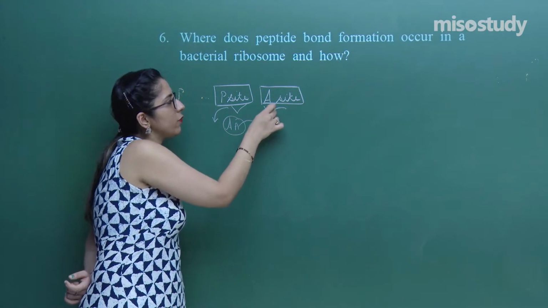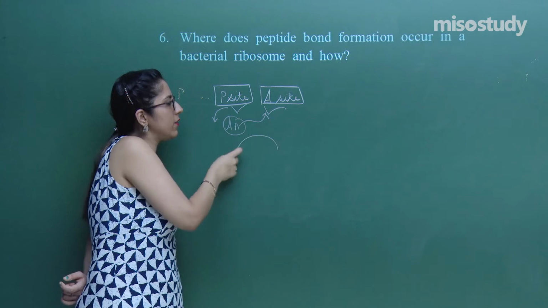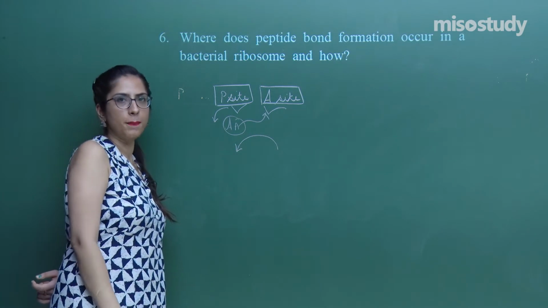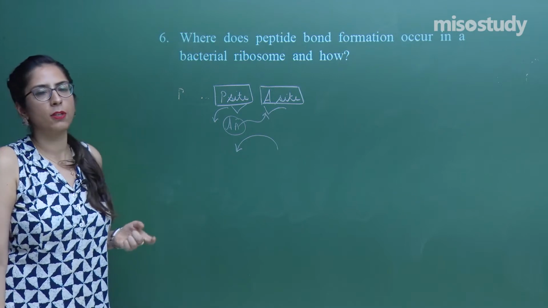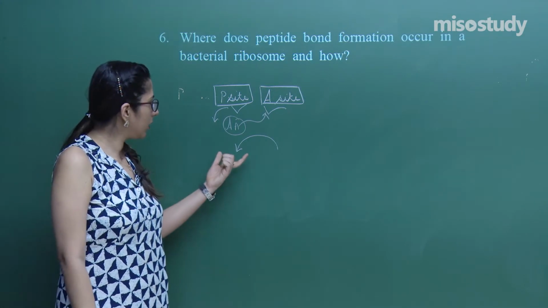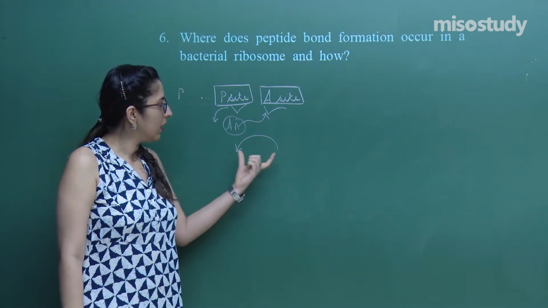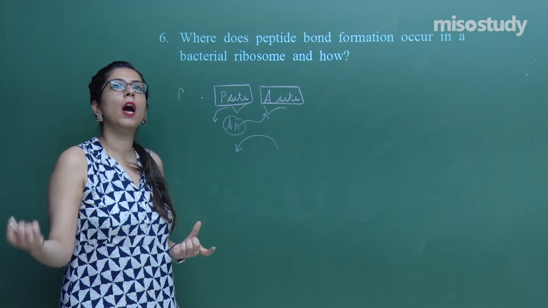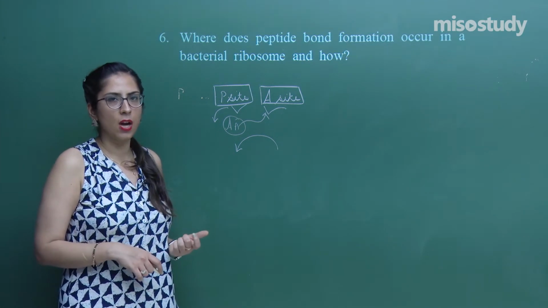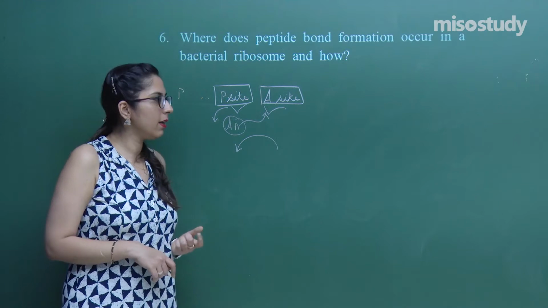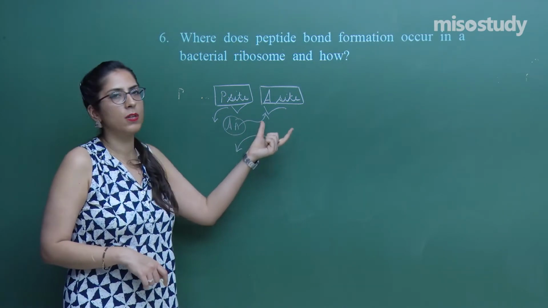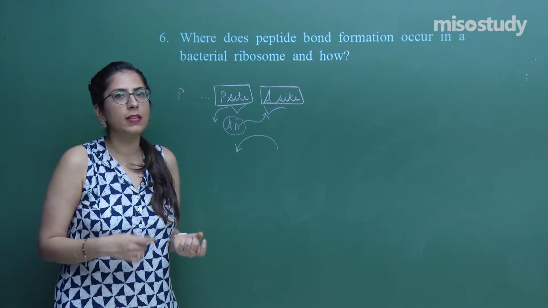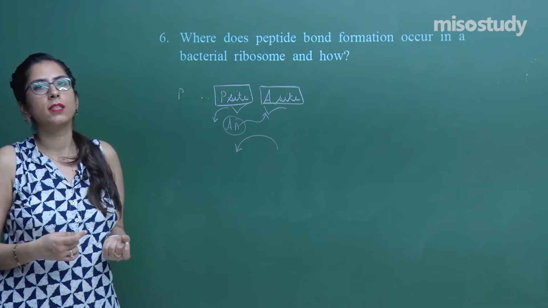This tRNA which was present at the A site will now shift back to the P site. I am discussing the process of protein synthesis. So it will again come back to the P site. Now the A site is empty for a new charged tRNA. Once there is a shifting of these amino acids towards the A site, definitely they will attach themselves to the amino acid of another.